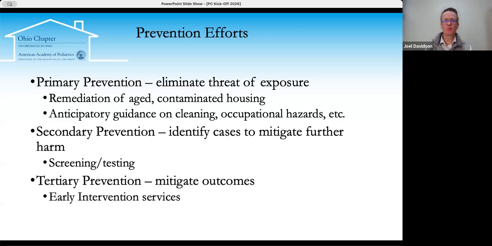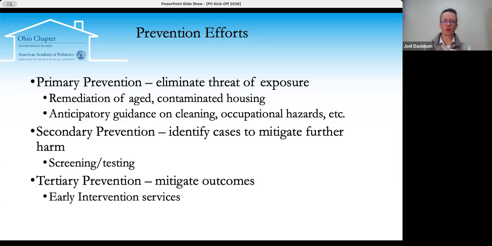When we talk about secondary prevention, we're talking about how we can mitigate further harm for those children. This is really where we have screening and testing. We are looking for kids that have been exposed to lead. When we identify that those kids have an elevated level, then we're talking about things that we can do to mitigate further harm to that child. But by definition, those situations are really secondary prevention. And then last, tertiary interventions are things where we can manage those outcomes.